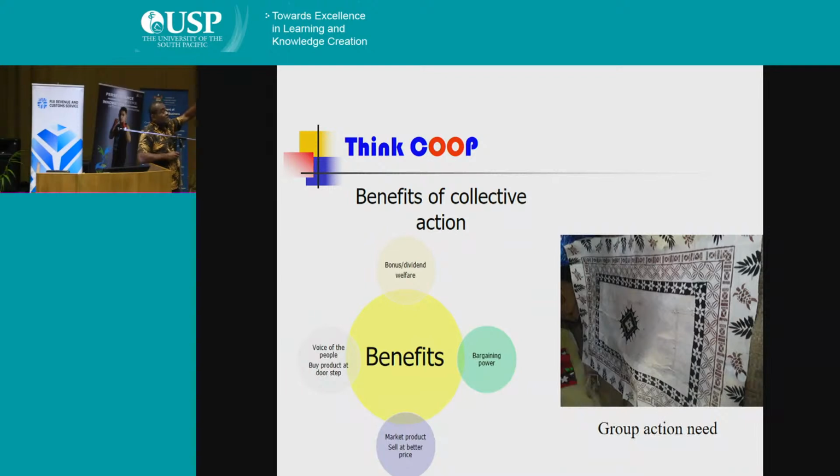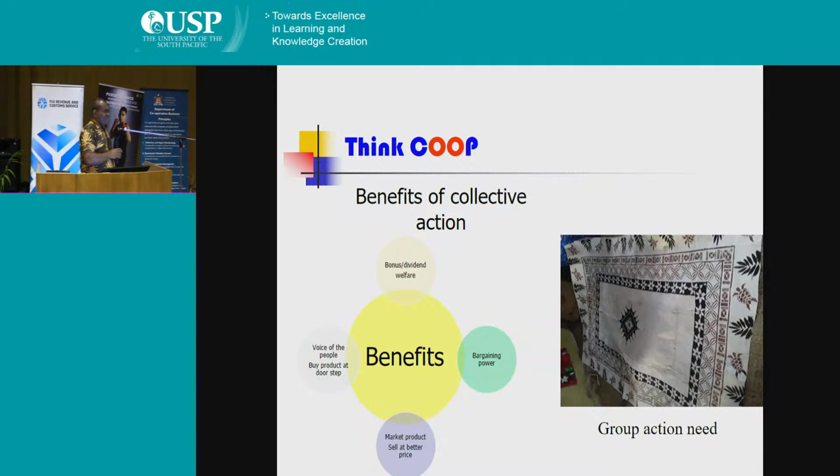So you'll be able to tell the buyer to come over, not you going to the buyer. So you'll try and change the equation. Yeah? So that's one of the benefits of joining a cooperative. They have power. They have a bargaining power. Okay? They'll be able to make deals.